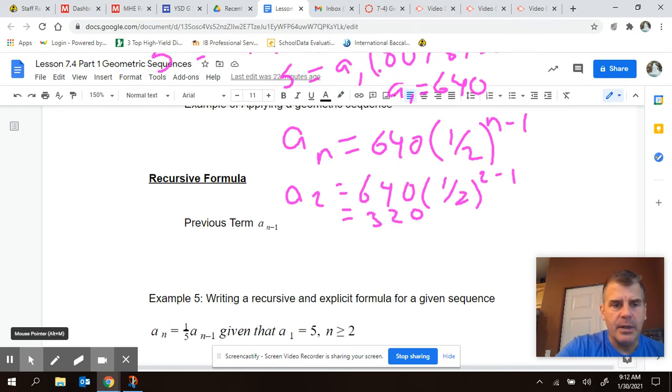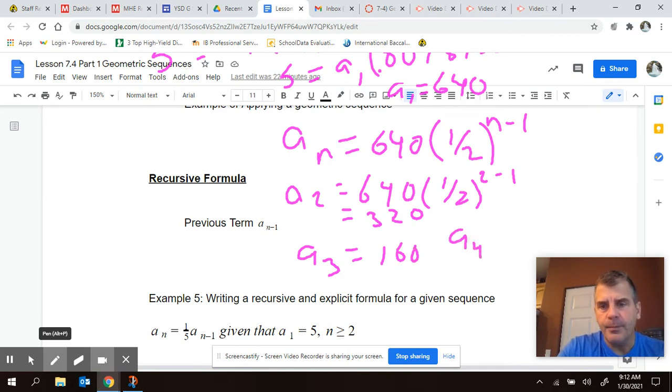A3 should be, and you could calculate it or you can just write it, half of 320. That's what our formula is doing. 160. Fourth term, 80. Fifth term. Sixth term.